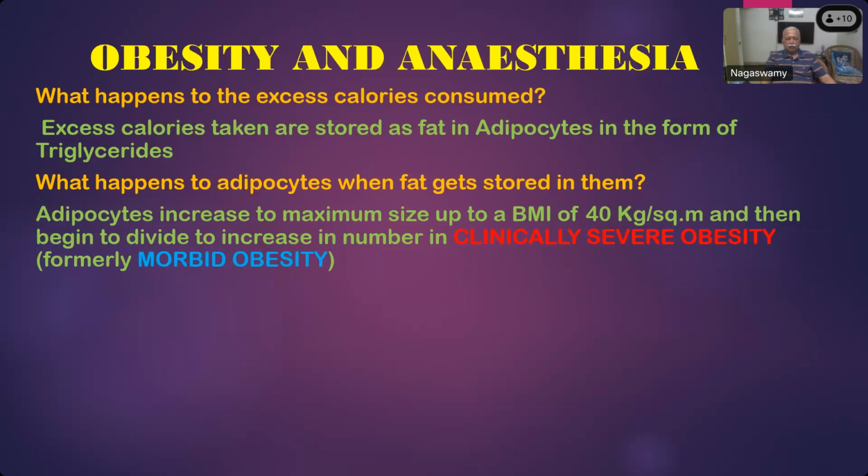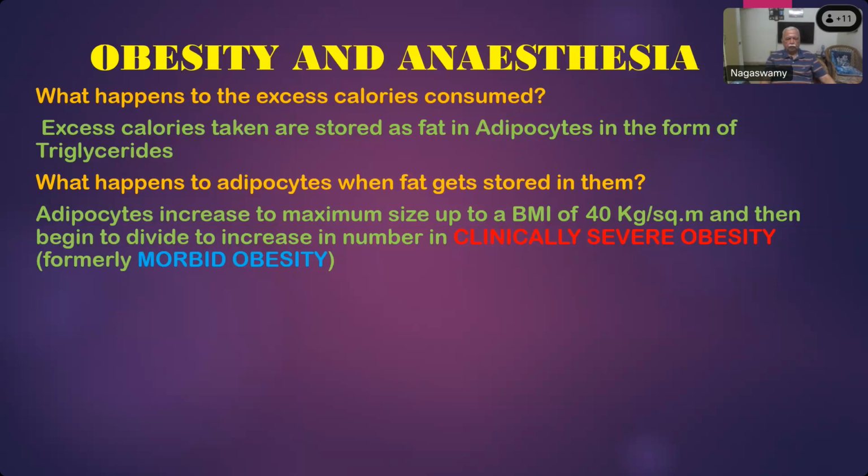The earlier concept was that a person's adipocyte number is determined by genetic factors and it cannot increase. And that was the concept behind the procedure called liposuction, which is done for removing the excess abdominal and thigh fats in patients as a part of cosmetic surgical procedure.